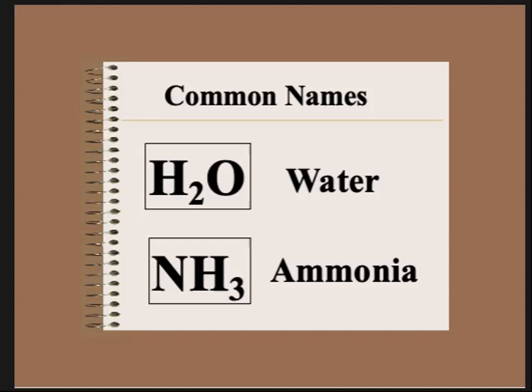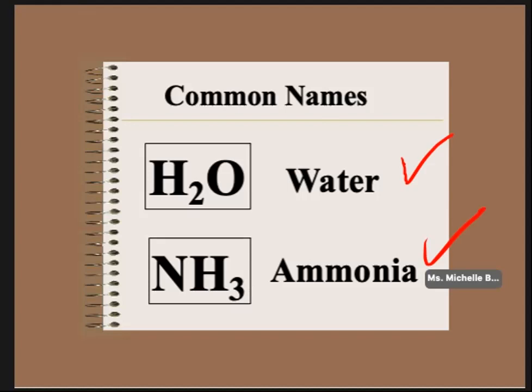So when we have water, H2O, you do not name it dihydrogen monoxide, no. If it is NH3, that is automatically named as ammonia. So water and NH3 for ammonia.